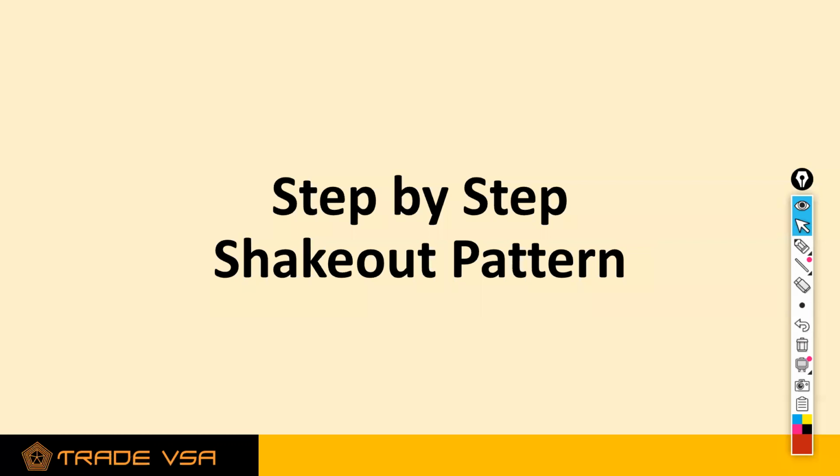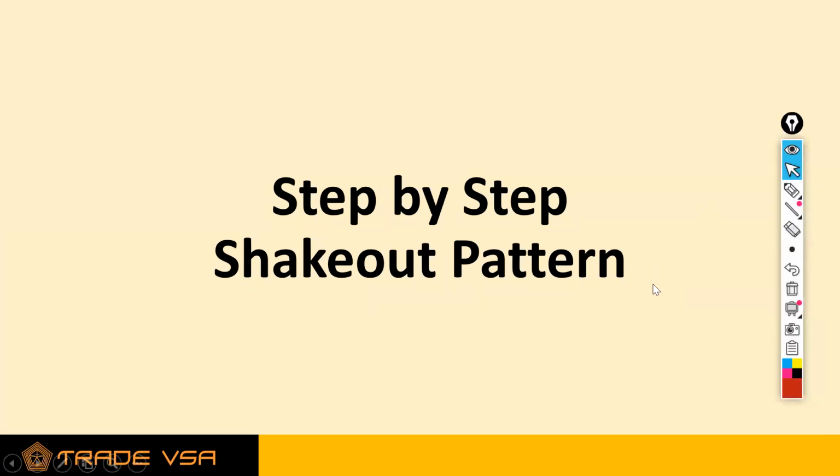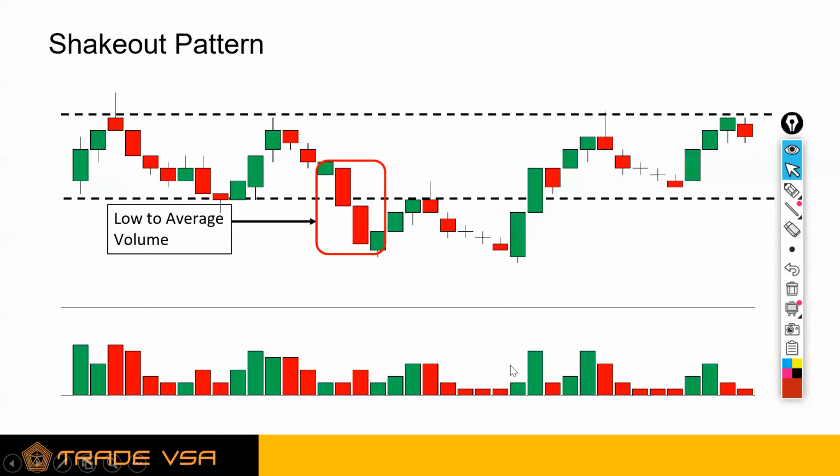Now let's go into more detail about shakeout patterns, step by step, how to identify them. Actually just 3 simple steps. Once you're able to identify the support level, these 3 steps should be quite easy for you to spot the potential shakeout trades.